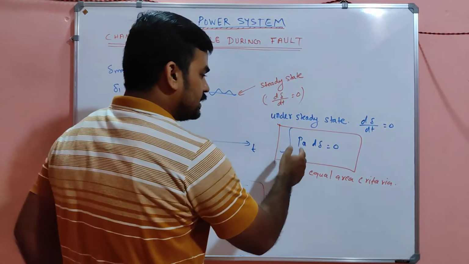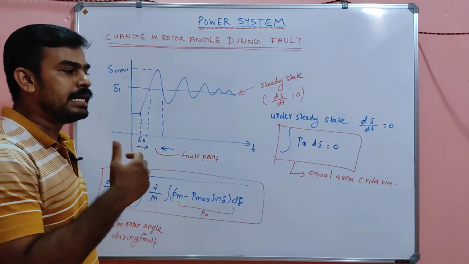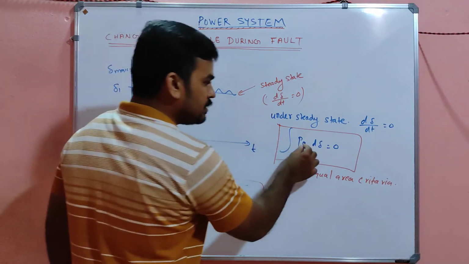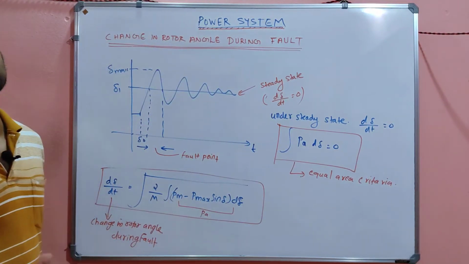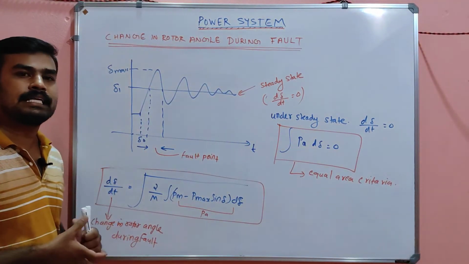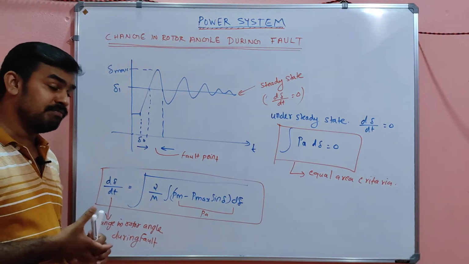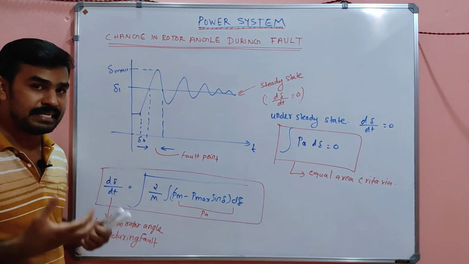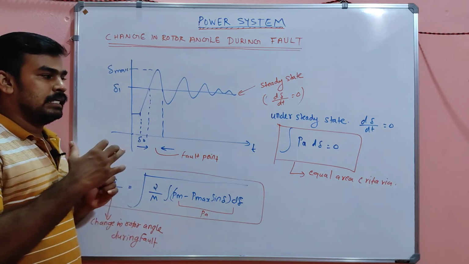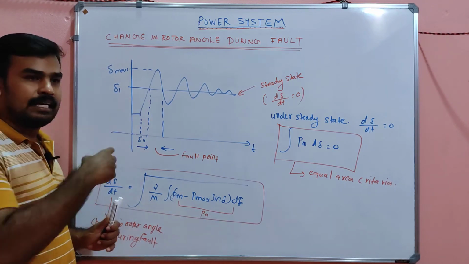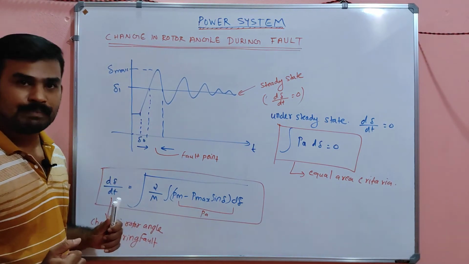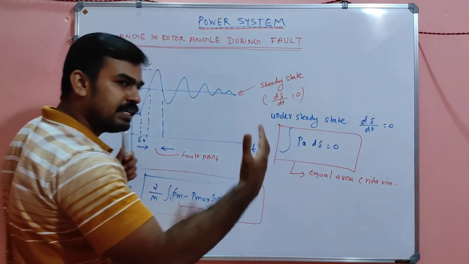But for us, integral PA d del is equal to 0 means PA is nothing but the acceleration power. The net acceleration power equal to 0 indirectly tells us that the total, this integral, is nothing but area. Correct?